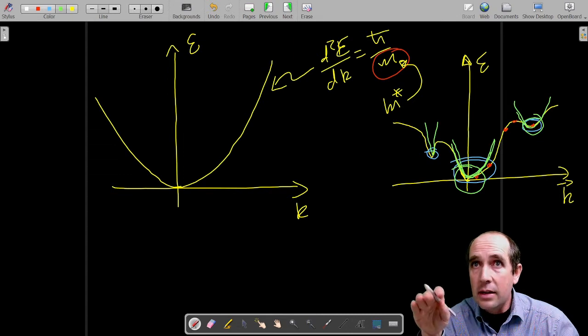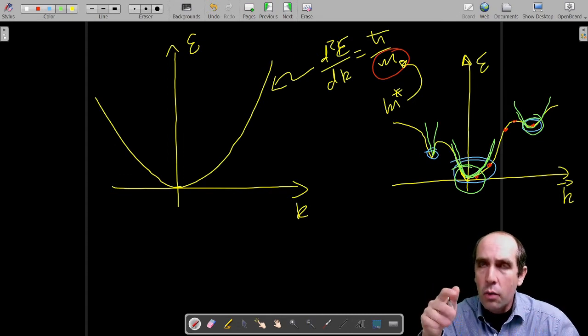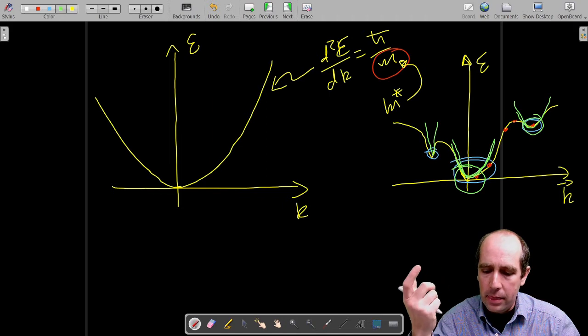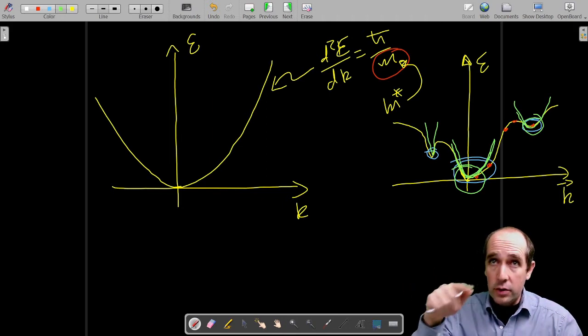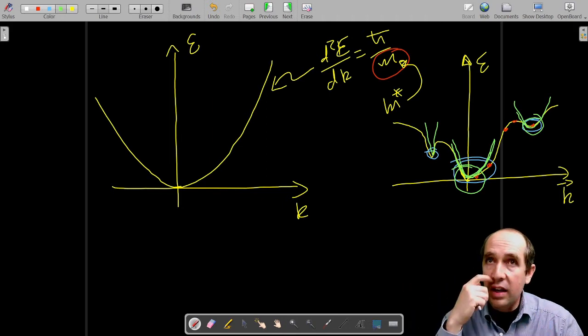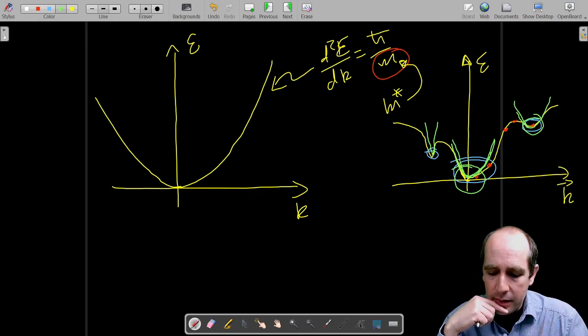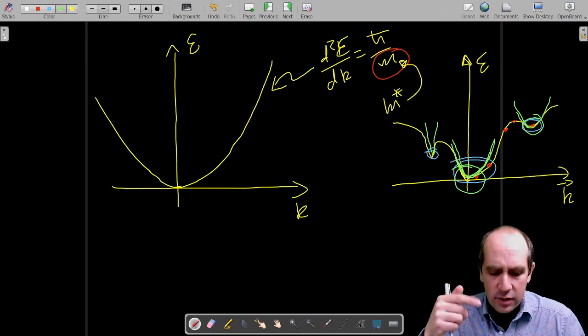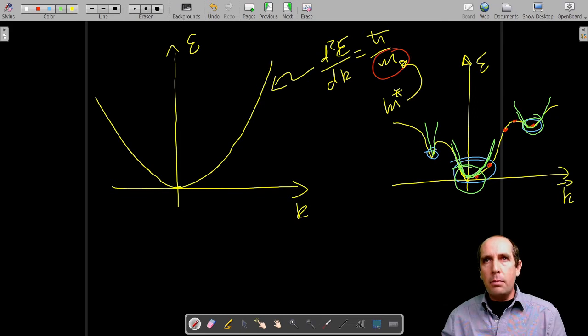And within the vicinity of these minima, we can always approximate the curvatures as constant, and therefore the mass as constant.